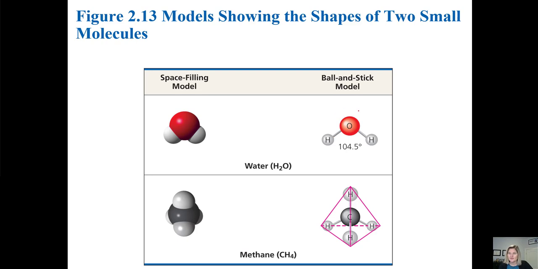And so that's going to lead to that partial negative end and a partial positive end, right? Whereas with methane, its shape determines its function. In this case, it's forming covalent bonds with hydrogen, and so it's going to have more of a stable shape. It's not going to react as much as water. So this is more non-polar covalent.